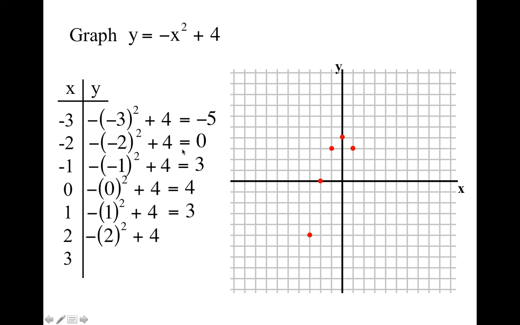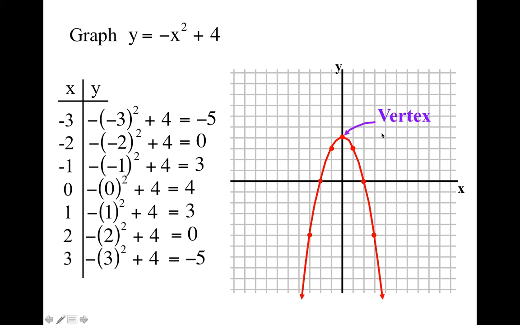Okay, this U shape is different from what we had before, and this is a parabola that is opening down. So this vertex is the highest point on the parabola. Okay, 0, 4 is the vertex, and we still have x is equal to 0 for our line of symmetry, or axis of symmetry.